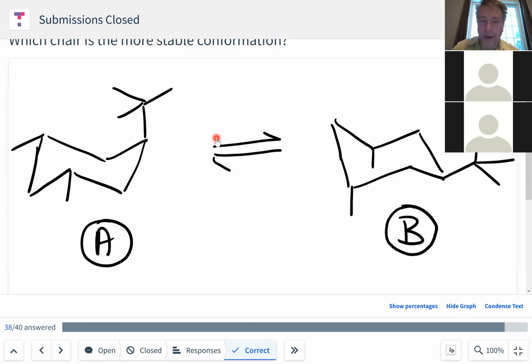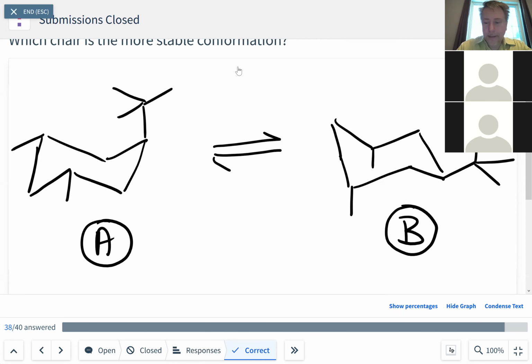So you can actually look them up if you're ever curious to see how large their destabilizing energies are. Alkyl groups tend to be more destabilizing than, say, a hydroxyl group, mainly because on an alkyl group, you've got protons bonded to the various carbons. So this methyl group's got 3 protons bonded to it. This methyl group's got 3 protons bonded to it. So they're larger, they take up more space.